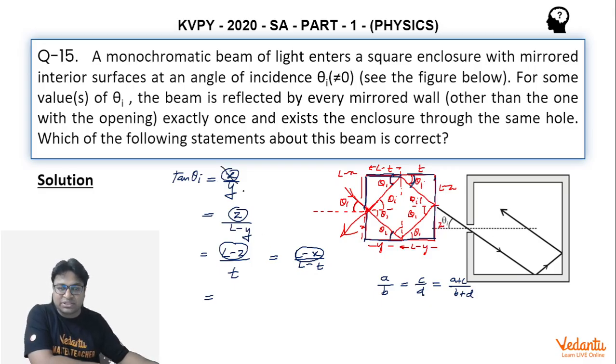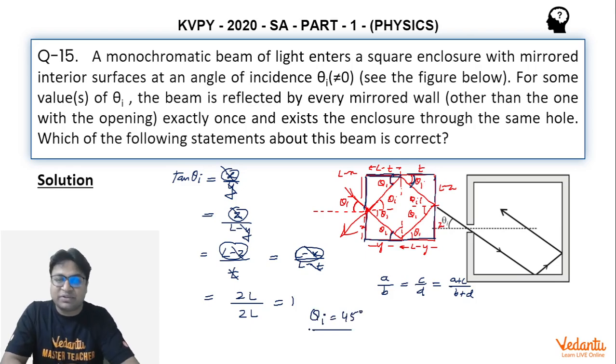This x will get cancelled with minus x, this z will get cancelled with minus z, and we will end up with 2L in the numerator. Similarly, let's add up all the denominators. y will get cancelled with minus y, t will get cancelled with minus t, and only L will remain. So we will end up getting 2L by 2L, which is equal to 1, which tells us that theta I must be equal to 45 degrees. And this is what we were supposed to find out.